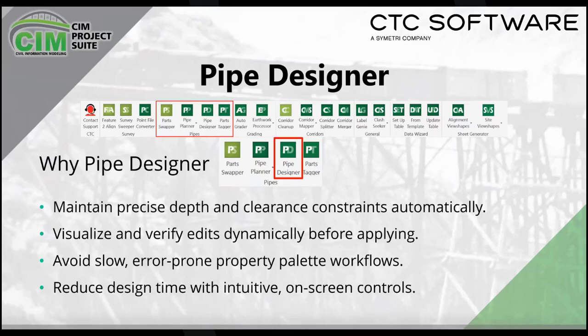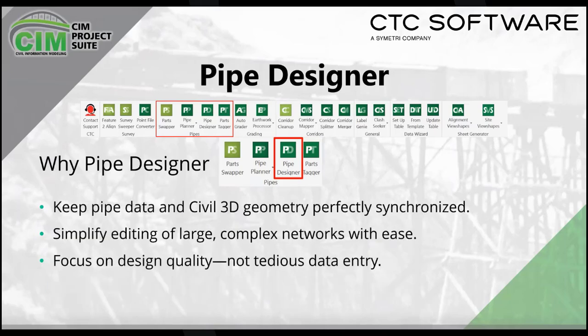With that, we should be able to maintain the precise depth and clearances that we're looking for, visualize and verify our edits dynamically, and avoid the slow, error-prone tools, the pipe properties and structure property dialog boxes that we sometimes have to use, which will help keep our pipe data and Civil 3D geometry synchronized because it works straight in Civil 3D, and we can edit the large complex networks, which will leave us to focus on our design and quality and not that tedious data entry.